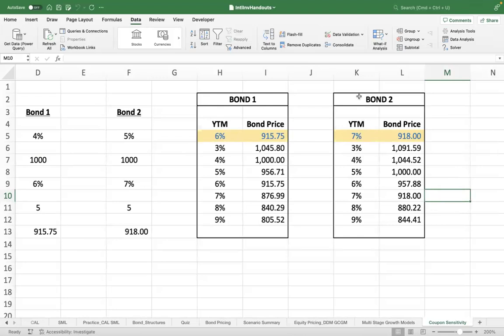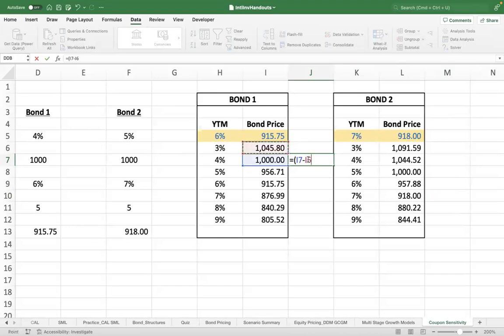Now, let's look at the percentage changes. So if I look at what my percentage change is when my bond price falls, the percentage change is next minus previous by previous.